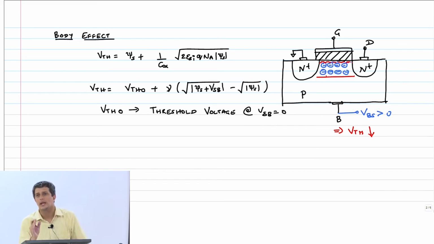That's what you mean by an empirical parameter. So this whole device physics modeling that we will be talking about is semi-physical or semi-empirical. You cannot derive everything physically and get a simple equation to deal with.